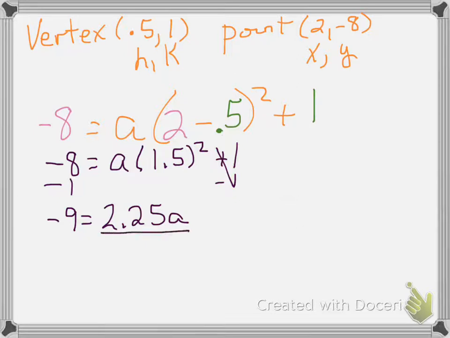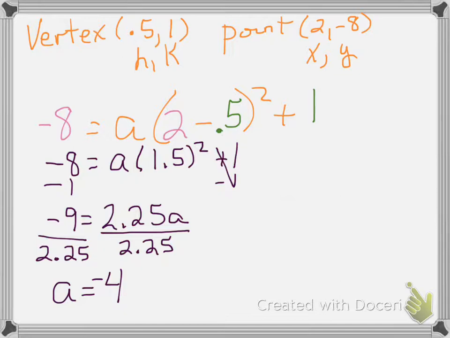Okay, I'm going to divide by 2.25. What is -9 divided by 2.25? -4. Yes, ma'am. All right, good deal. That makes it easy. Okay, so let's write out our final equation now.